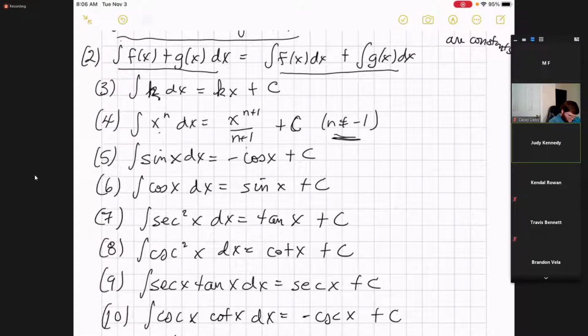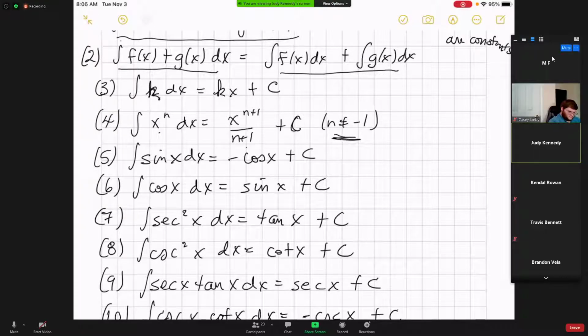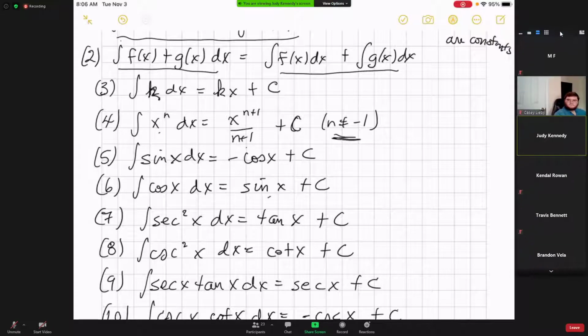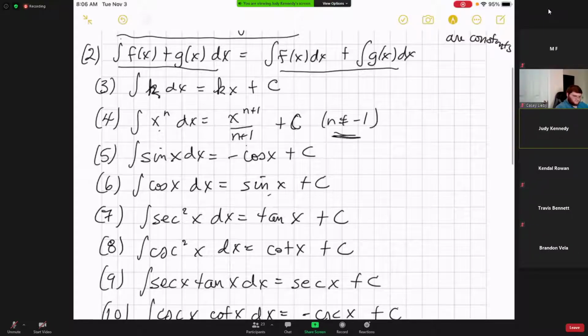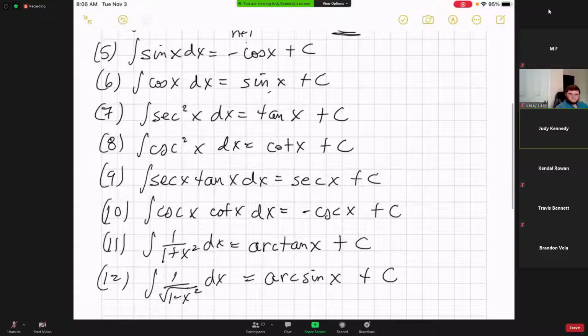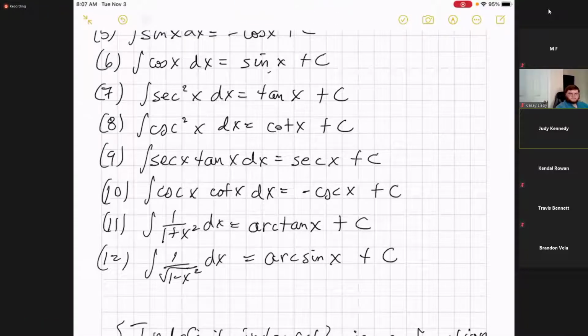Antiderivative of the sine is minus the cosine. Antiderivative of the cosine is the sine. Antiderivative of secant squared is the tangent of x. Antiderivative of cosecant squared of x is minus cotangent. Antiderivative of the secant of x times the tangent of x is secant of x.